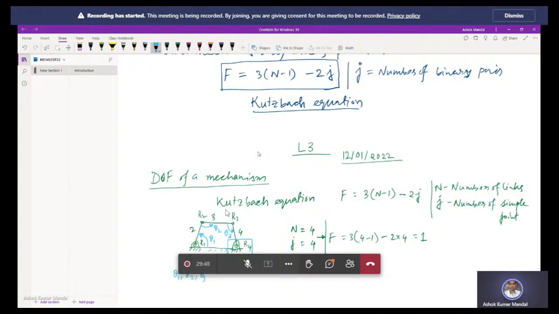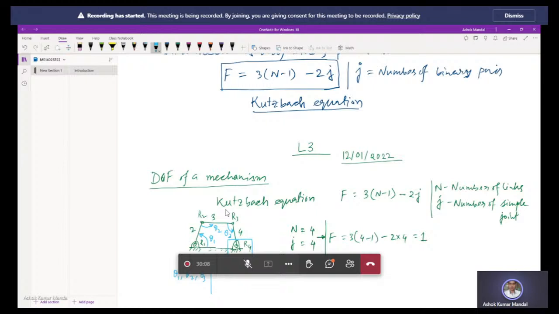But if this end is hinged at this point, it is not open, and then you can always have relations.